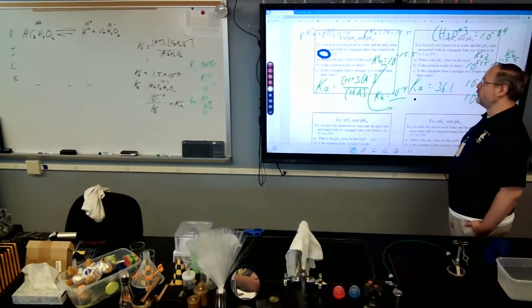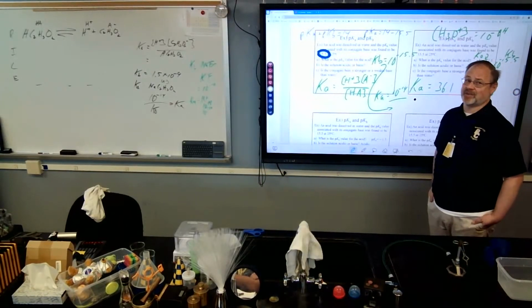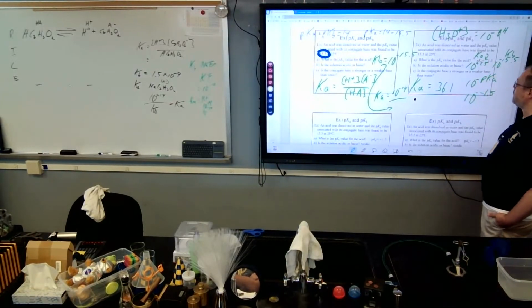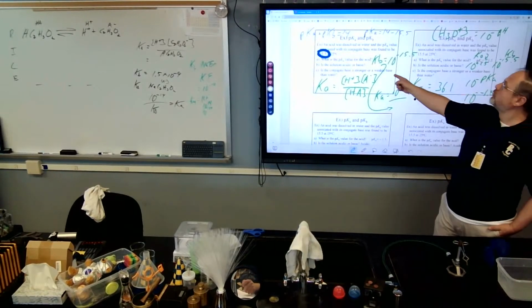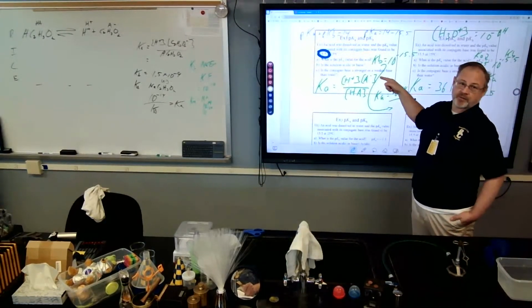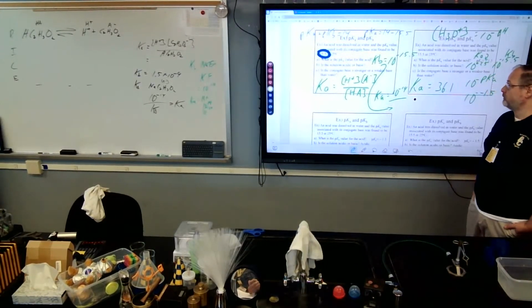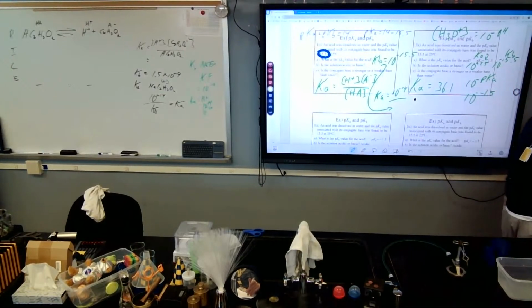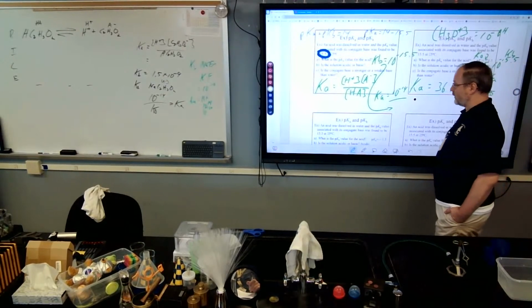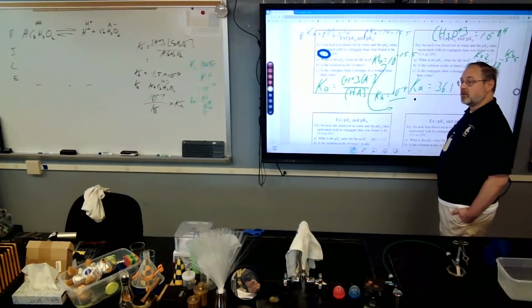So, is this solution acidic or basic? It's crazy acidic. That's an enormous Ka with a huge numerator of protons and anions. Is the conjugate base a stronger or weaker base than water?